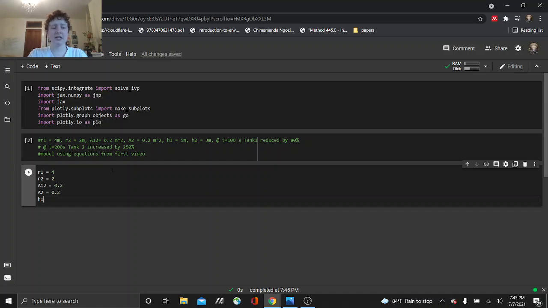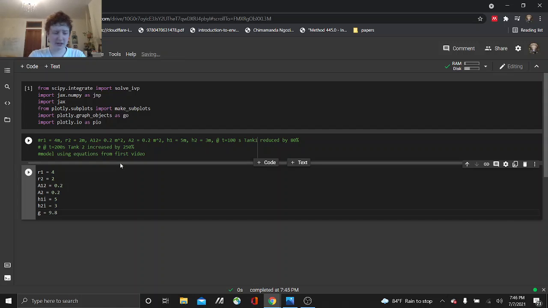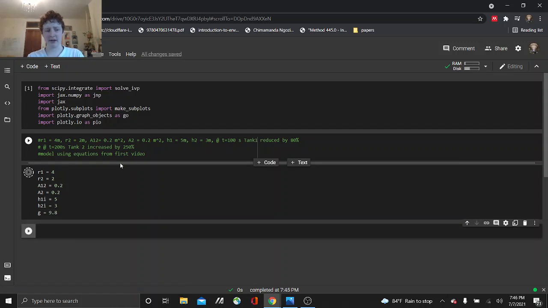And then we've got the initial height, which I want to be very careful to define as H1 initial, just because when we go and solve for the change in heights with different times, we don't want to get that confused with the initial height values that we've been given. And we're also going to go ahead and just define the acceleration due to gravity, because no one wants to deal with typing that in multiple times.